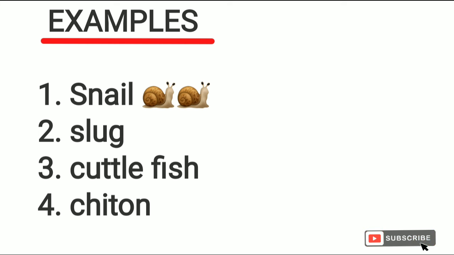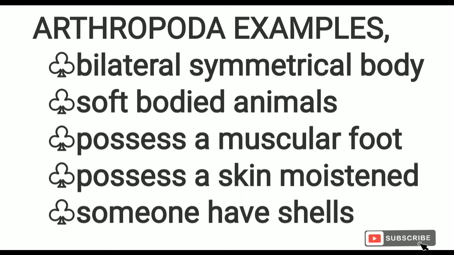Then all of these animals are included in the mollusca group. Here there is a small printing mistake. I beg your pardon for that. Then they have a bilateral symmetrical body.